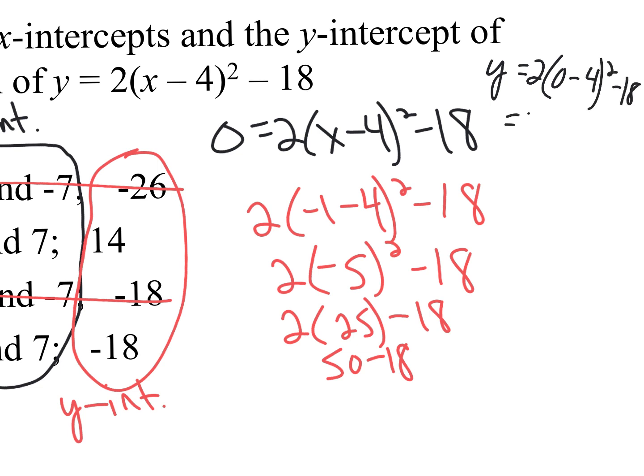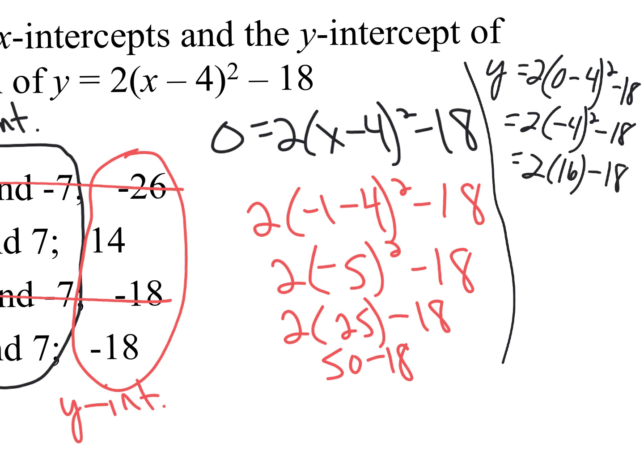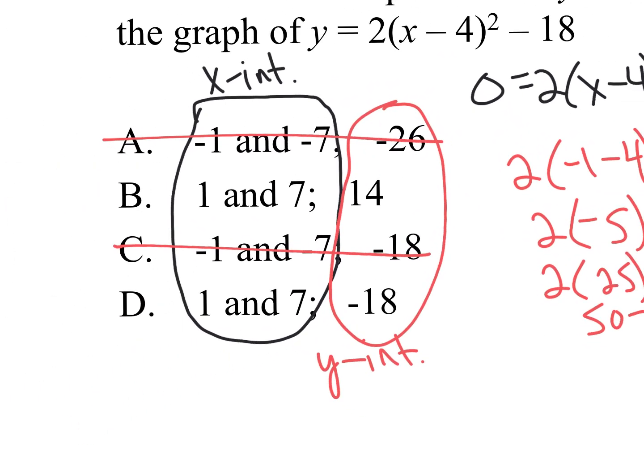And you could actually just type that in your calculator at that point. Another option that would probably be good is somebody work on x-intercepts and somebody work on y-intercepts, just to keep moving through the problem. So that's 14, y-intercept of 14, that would be answer choice B.